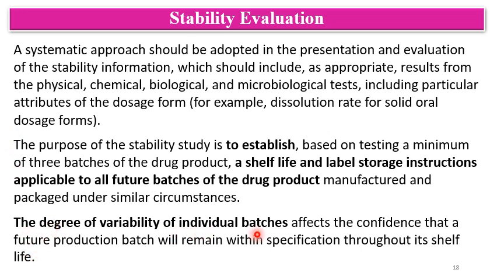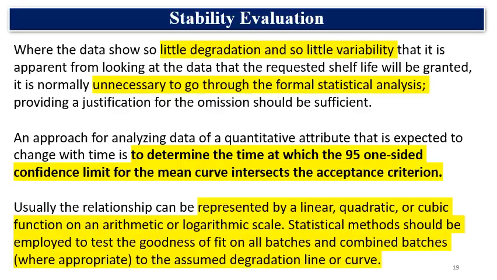The degree of variability of individual batches affects the confidence that the future production batch will remain within the specification throughout its shelf life. So at the time of application, the applicant will have the data of 3 batches only, and that 3 batches data should give the confidence that the upcoming future batches will comply to the specification.